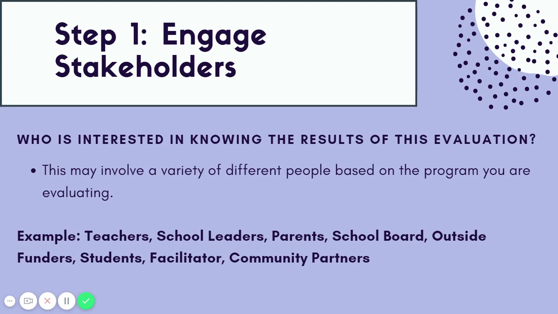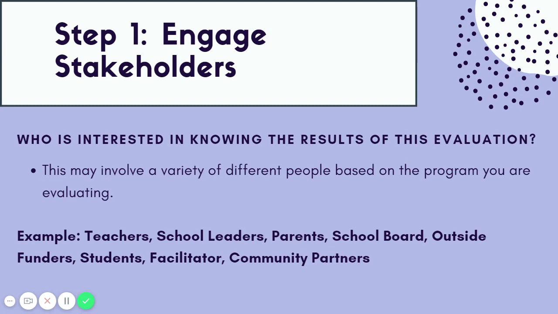So when you work in schools, if you have programs that show results, the school board or other high up people in the education system would be interested in knowing, because ultimately funding might come from your school board. Outside funders. Sometimes schools get grants from outside partners to fund programs. If anyone's involved, they would want to know. Students, it's for the students, we would like them to also be a stakeholder.